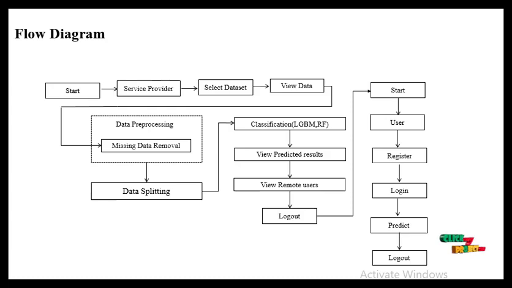After the prediction, the service provider will view the predicted results and also view remote users. After viewing remote users, the service provider logs out from this process. After the logout, the page will be redirected to the start page, where a user will register himself and log in through the registered credentials and predict.